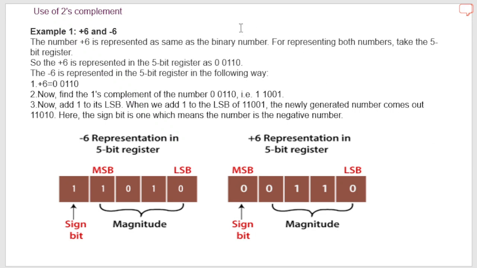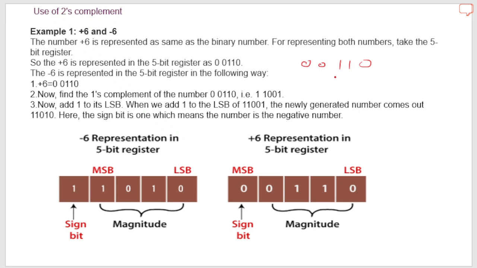So guys, we are taking the same example again, plus 6 and minus 6. We will take a 5-bit register. So for 5 bits it is 0 0 1 1 0. Okay.